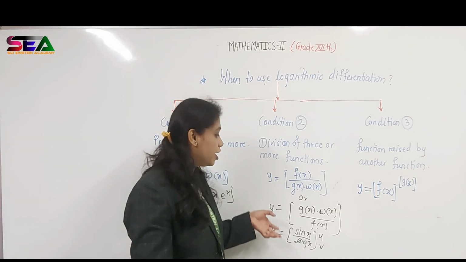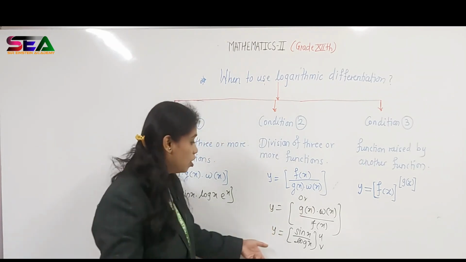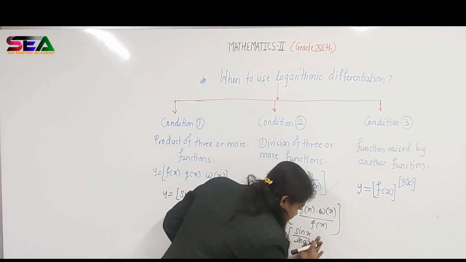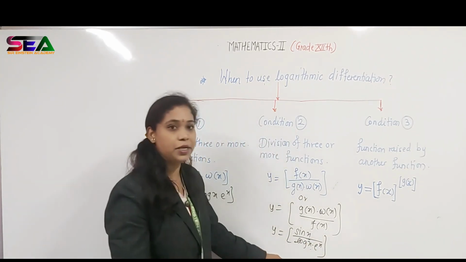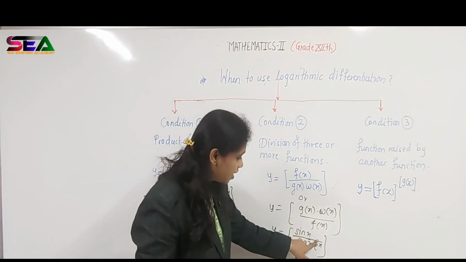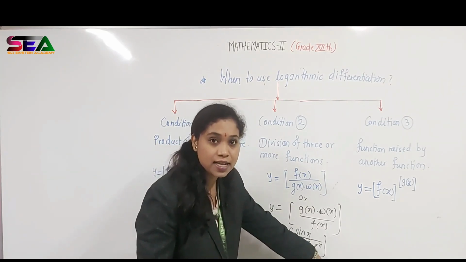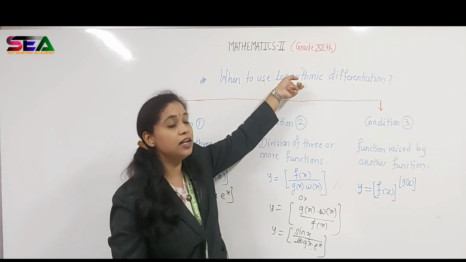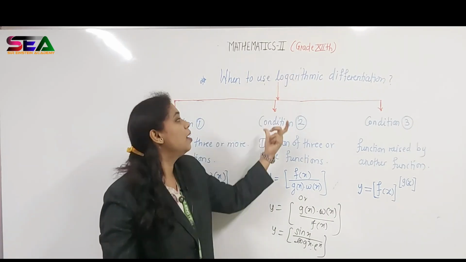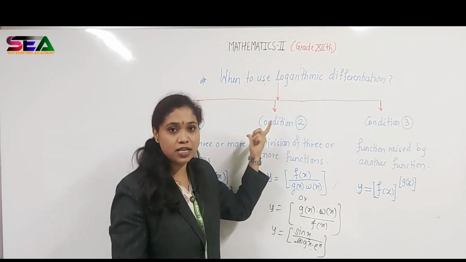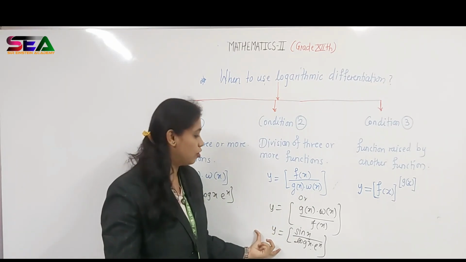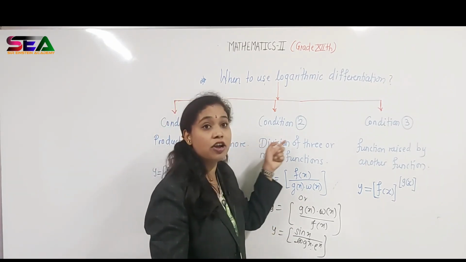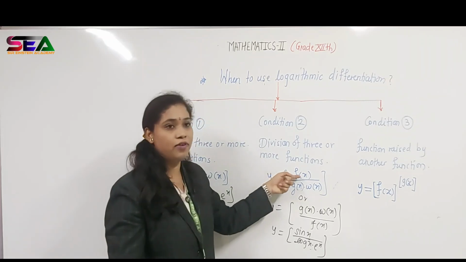But if I include one more function, that means if I take anything else into e raised to power x, so it is a combination of three functions: sin x, log x and e to the power x. Hence we can't use a quotient rule here. Hence we are using logarithmic differentiation. By condition 2, we again use logarithmic rules for differentiation of division of three or more functions.